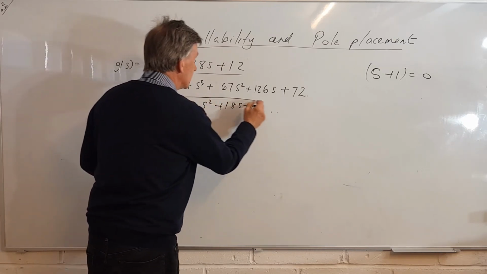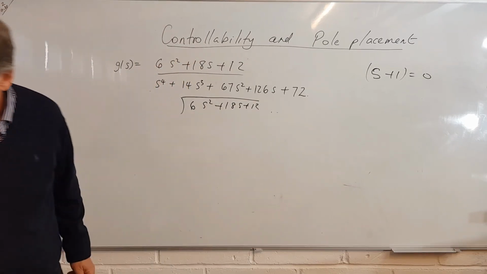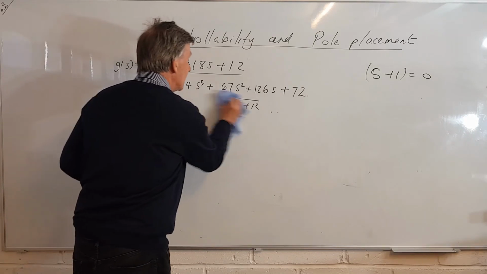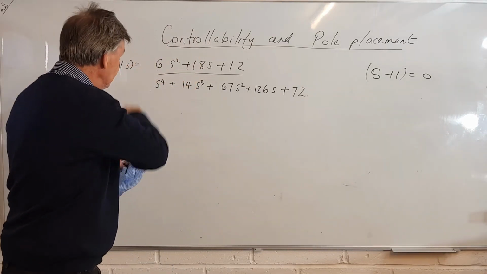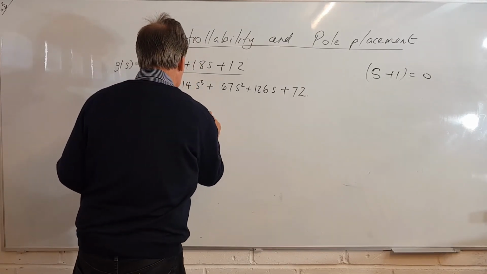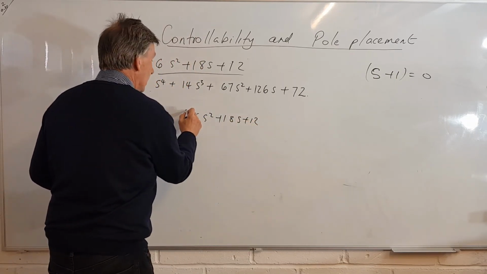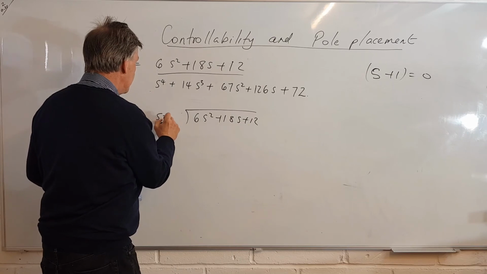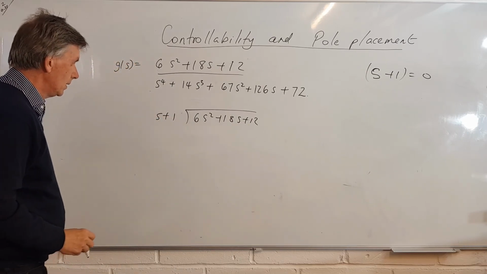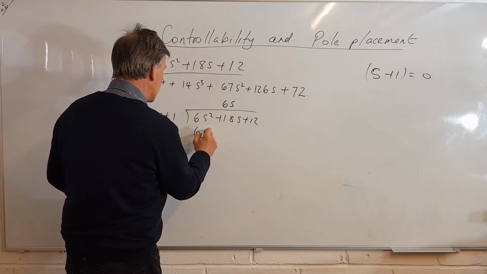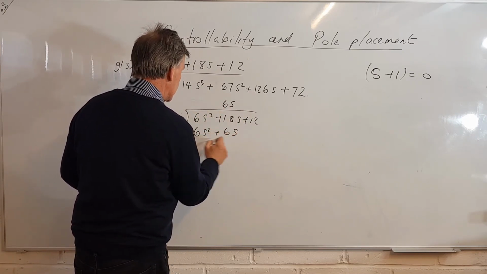And we do a long division now. I've done that a little bit too high up. Just rub that out. We've got 6s squared plus 18s plus 12, and we divide this by s plus 1. So s goes into this 6s times. That's going to give us 6s squared plus 6s.